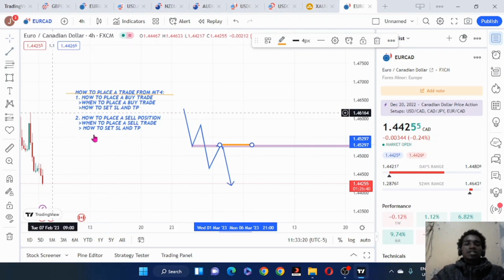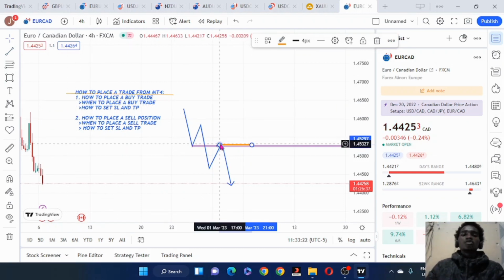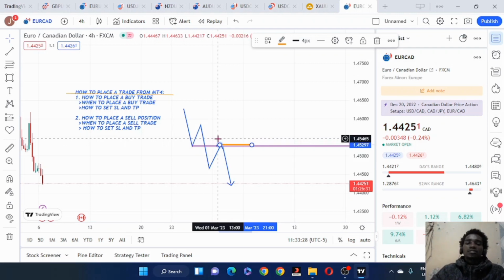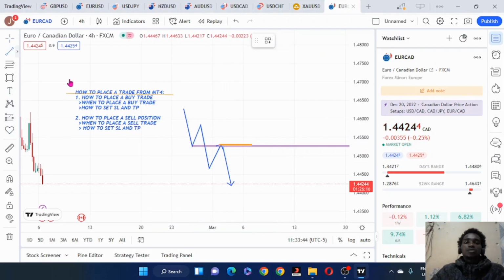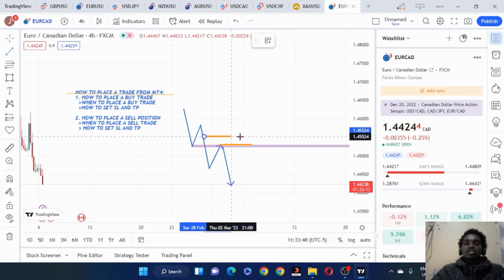Then for you to set the stop loss. If you are predicting that the price will go down, of course your stop loss should be above the entry point. For the case of buying, your stop loss should be below the entry point. Therefore, your stop loss should be around here according to your risk management and trading strategy.